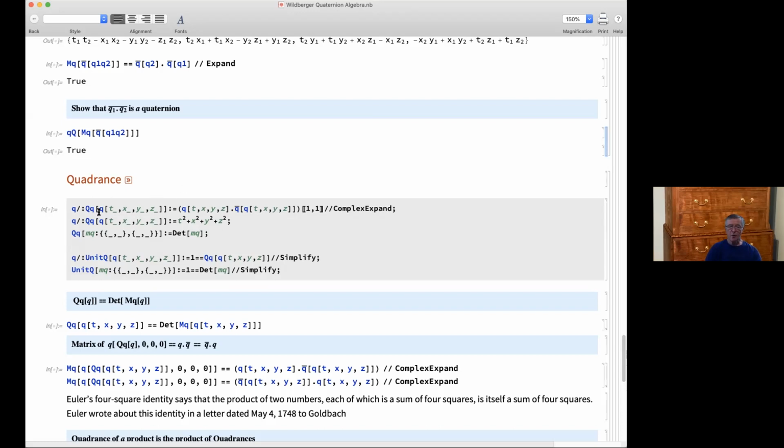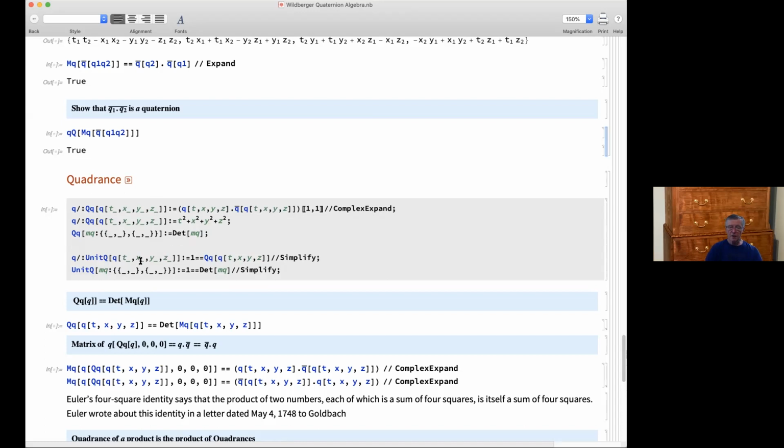It turns out that the quadrants is also equal to a quaternion times its conjugate. It's also equal to the determinant of the matrix representation. So all three of these are the same. So we can identify a unit quaternion as a quaternion that's divided by its quadrants.